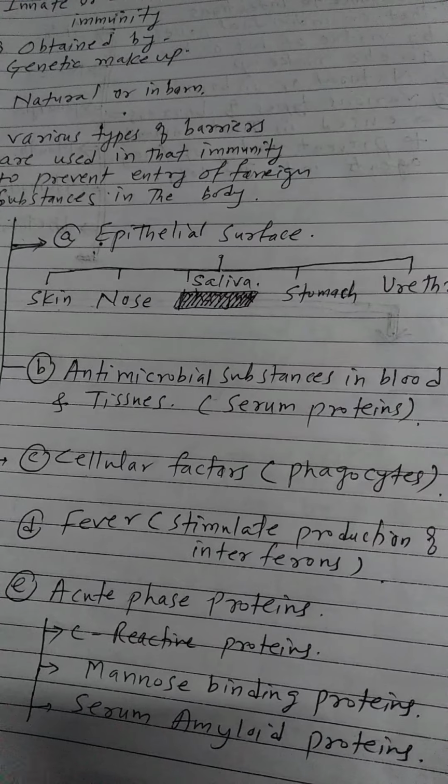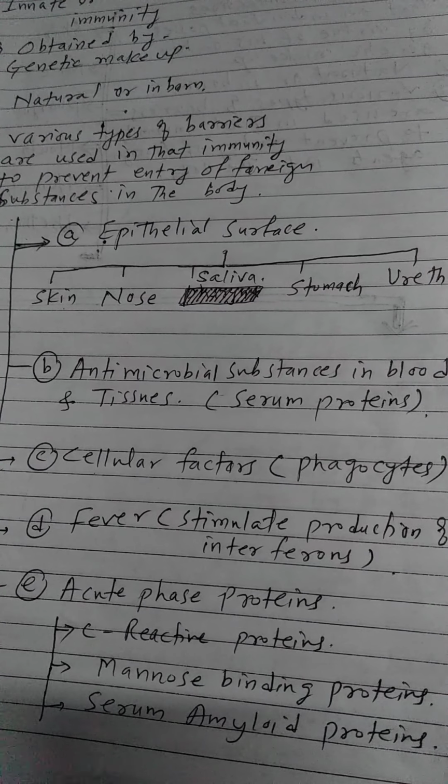Next, acute phase proteins. Infections or injury lead to a sudden increase in concentration of certain plasma proteins in the body, collectively called acute phase proteins.